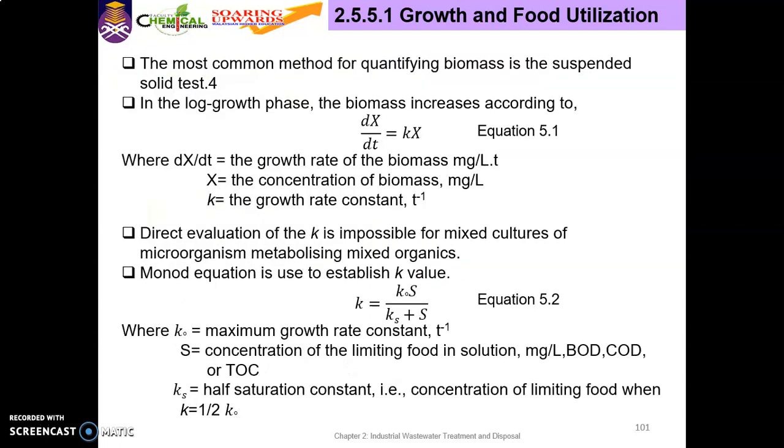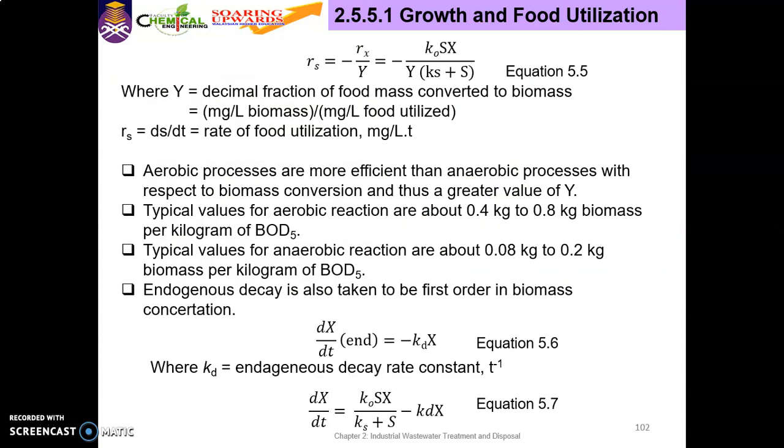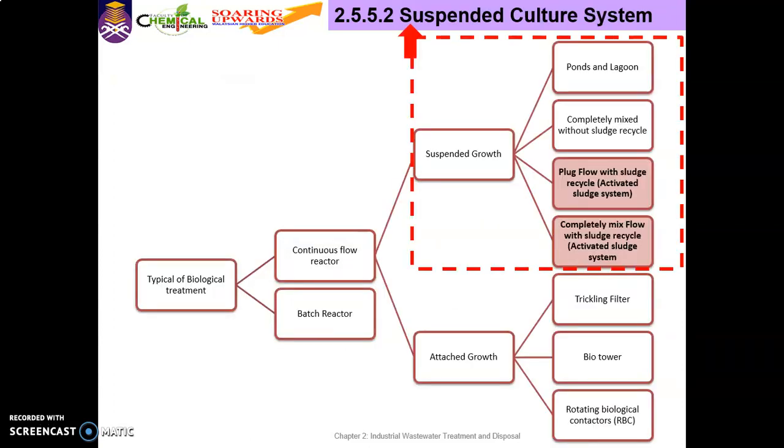Next, look at the suspended culture system. The second biological treatment is the suspended culture system. Suspended means the microorganisms are suspended on the media.